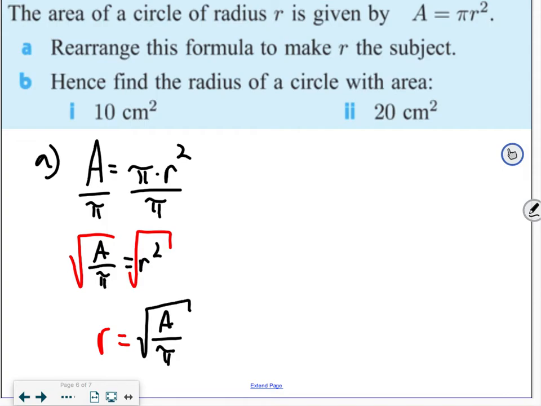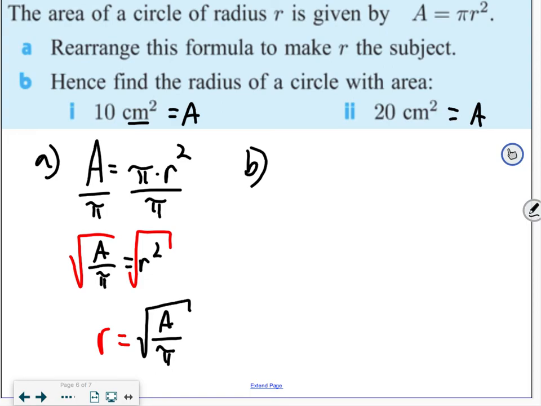Okay. Part B. Hence, find the radius of a circle with an area of 10 centimeters squared. This is why it's useful to sometimes make r, or another variable, our subject, because we are given these values. These are area values. We know that because that's what it said, and by our units. So we want to know what size circle gives an area of 10 centimeters squared.